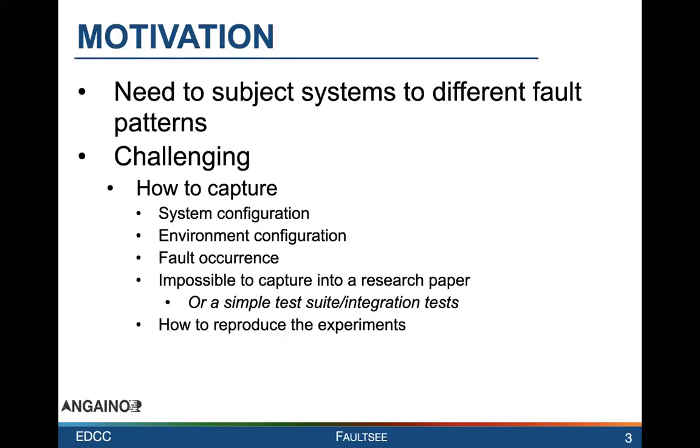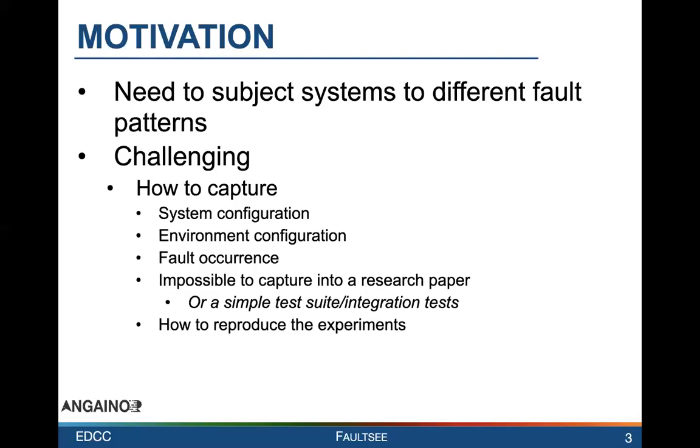However, achieving this is quite challenging because of the complexity of the systems. It's not easy to capture the system configuration, the binaries, the settings and the parameters that have been used, the faults that we want to inject, which types of faults, when to inject them, in which components, and all of this is quite difficult to capture in a research paper.